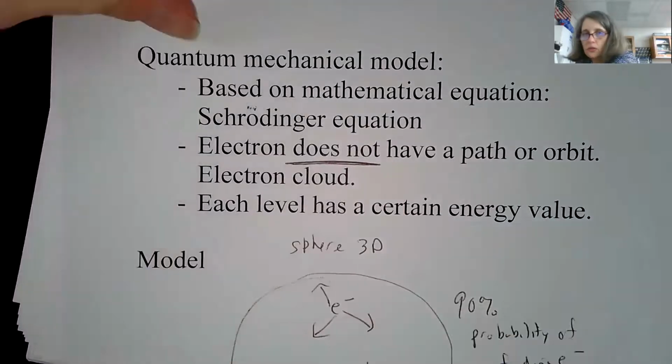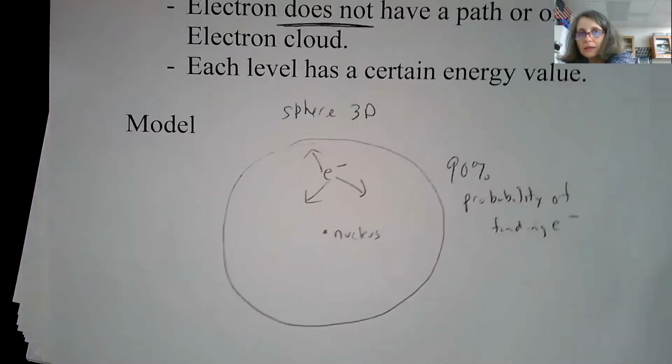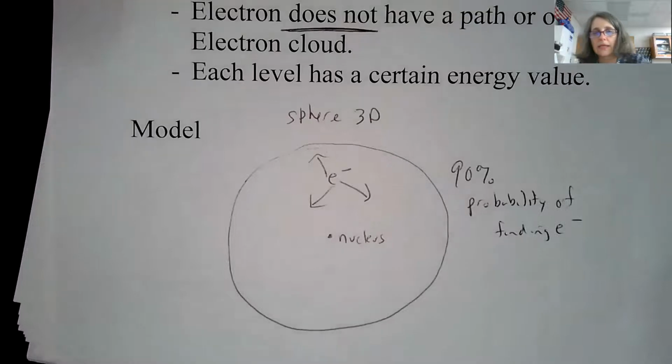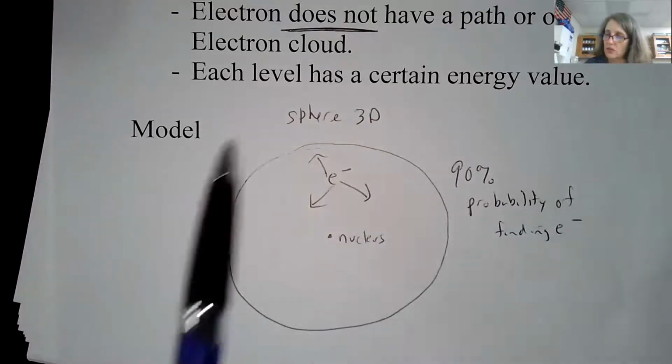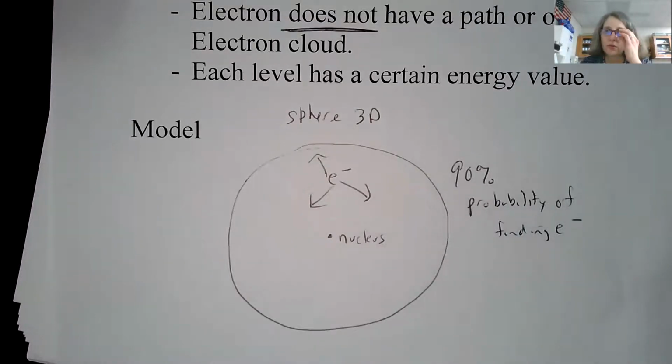So in your notes, draw what we call the quantum model. And again, please indicate that this is a sphere, not a circle. So please put sphere in your notes and put 3 dimensions, just so you understand that it is the area around the nucleus, not just a circle.